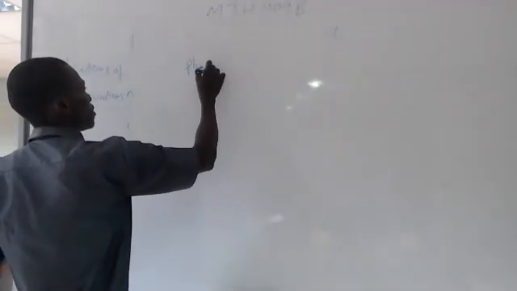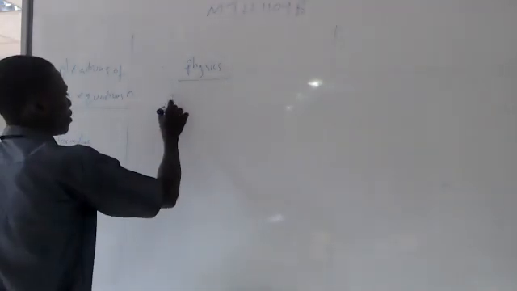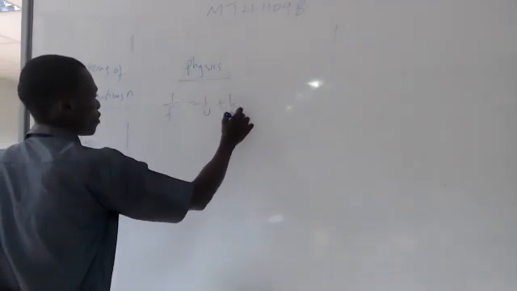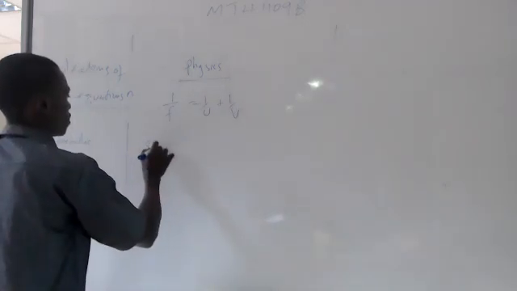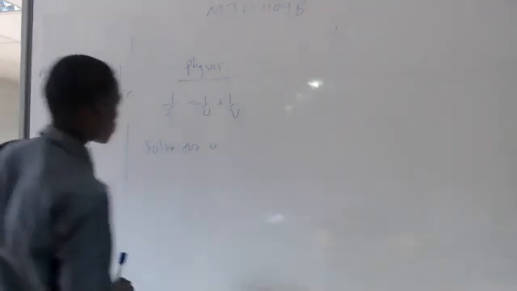In physics, when you're dealing with images, there is this formula: 1 over f is 1 over u plus 1 over v. Solve for u.